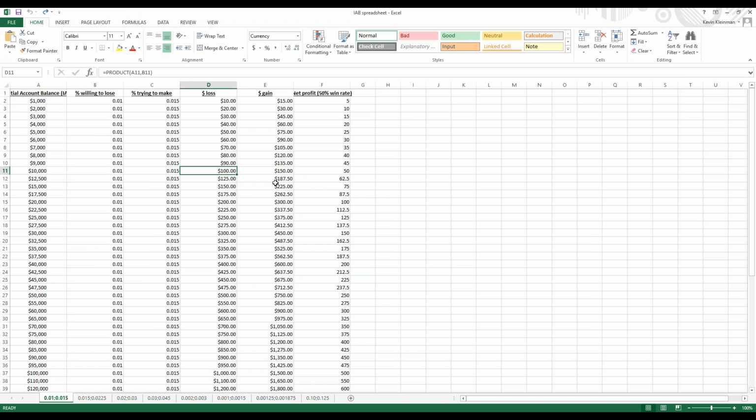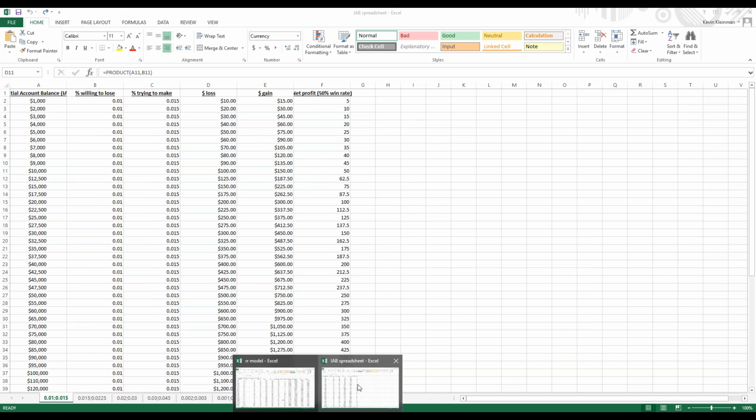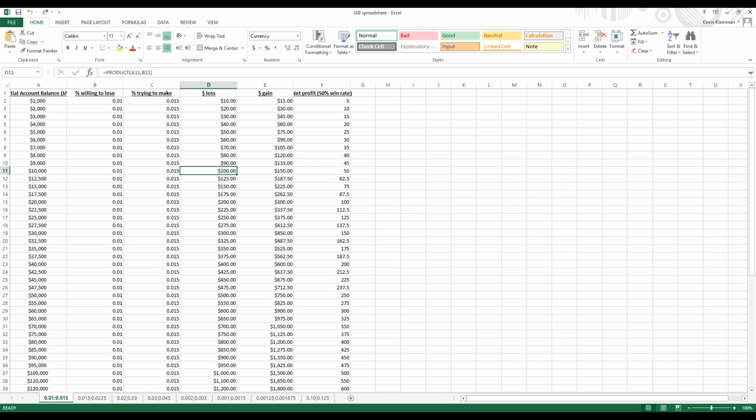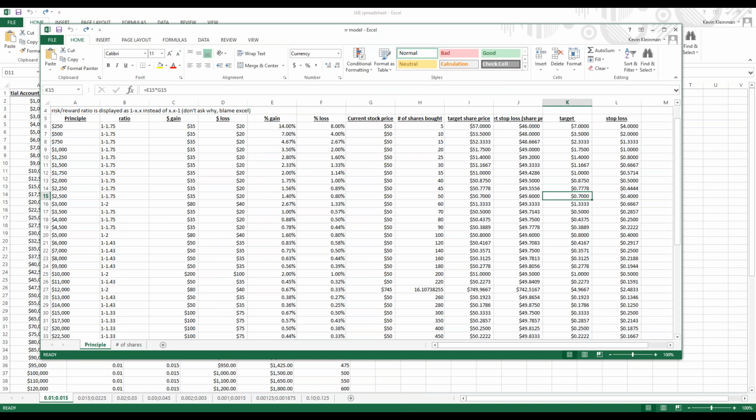We take these two numbers, our targeted gain and our targeted stop loss, and go over to our risk and reward model, and I say, okay, on a $5,000 principal, I want to make 150 bucks because that's what I'm trying to make based on my initial account balance, and I don't want to lose more than 100. And the stock price that I'm trading is, let's say we're trading Netflix, which is right around 100 bucks.